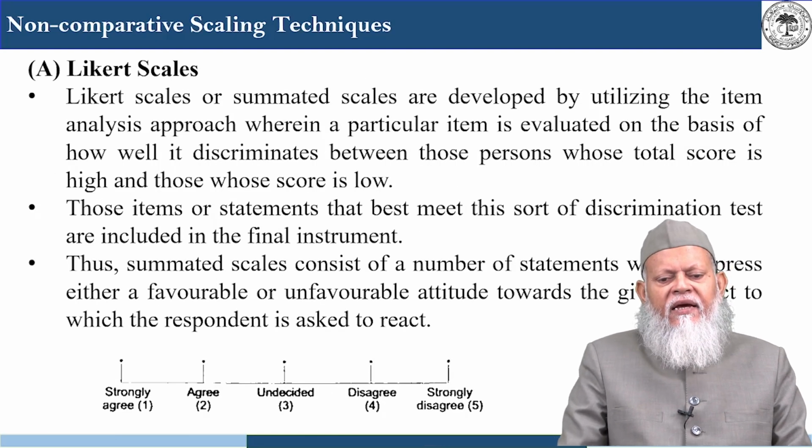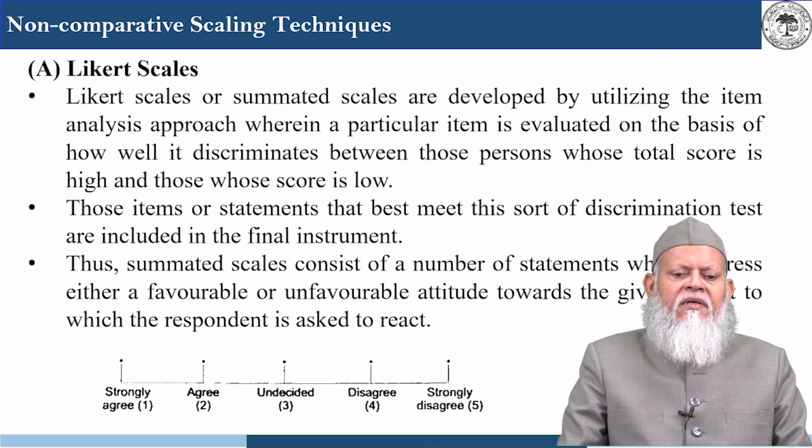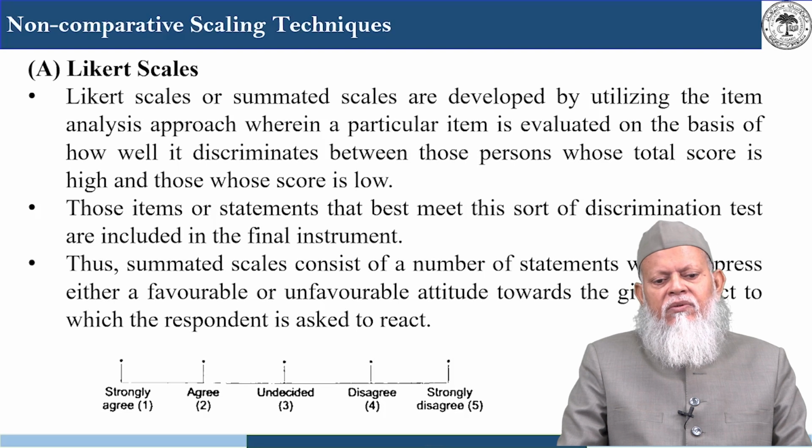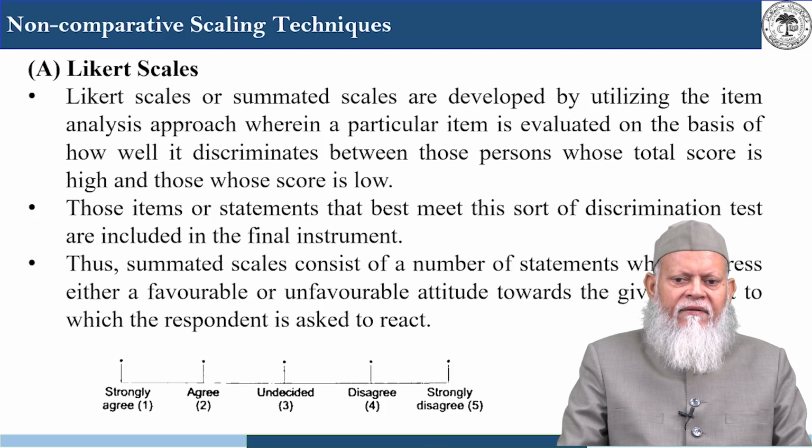So, here we observe a scale where they give strongly agree, undecided, disagree, strongly disagree, and various numbers have been given to these. These are the Likert scale.